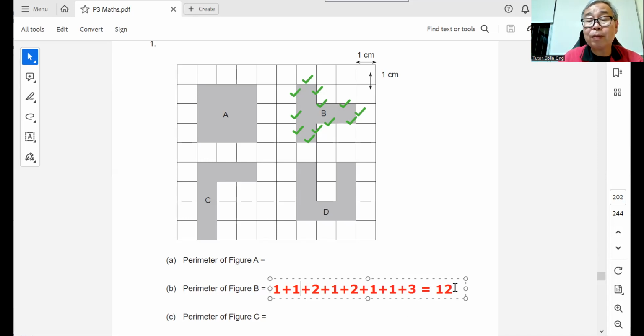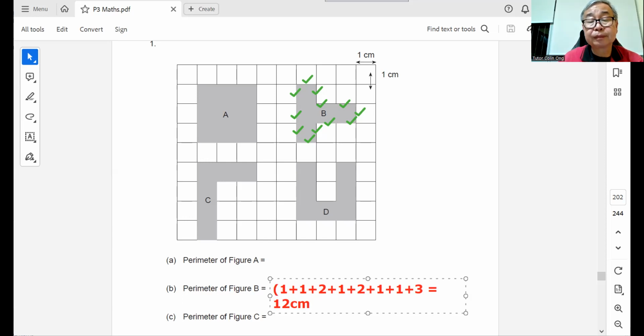So again, remember to put your cm, which is your units. Right? So you got it?